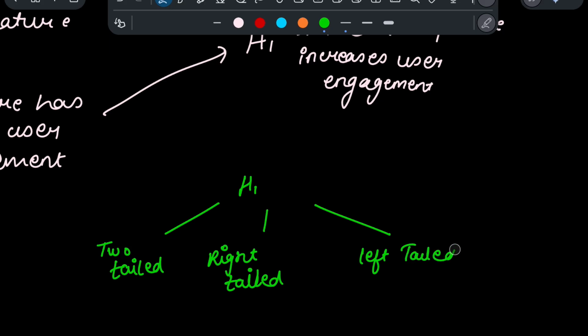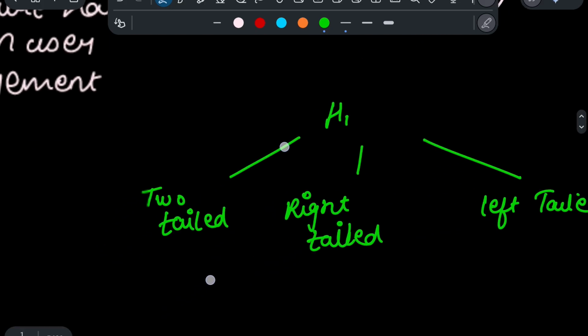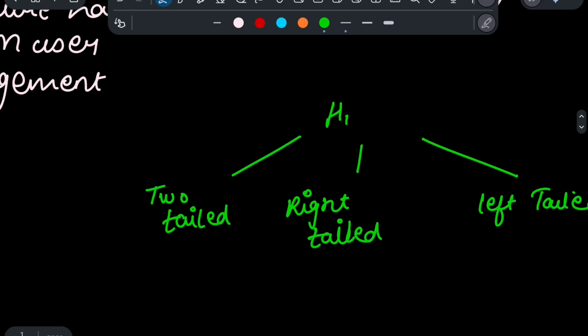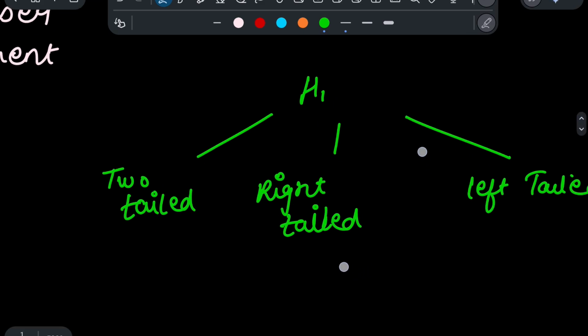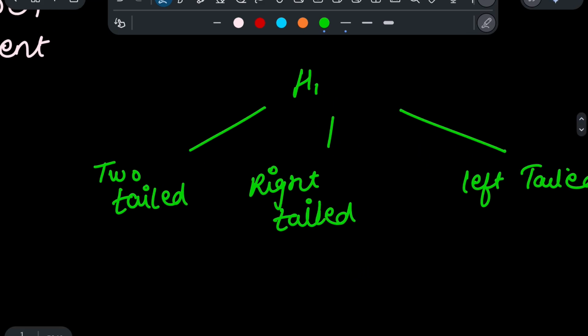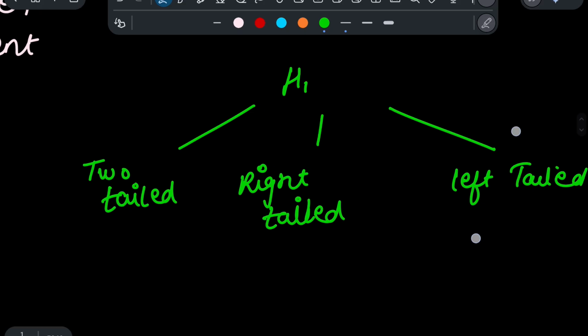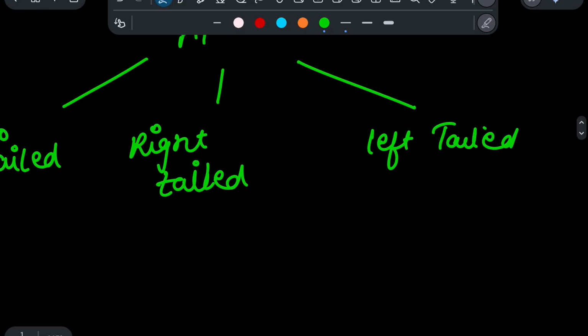Now talking about the two tails, there is a difference, okay. It could increase or it could decrease. Talking about the right tail, there is an increase, and talking about the left tail, there is a decrease. Now let me take a simple example for you guys.